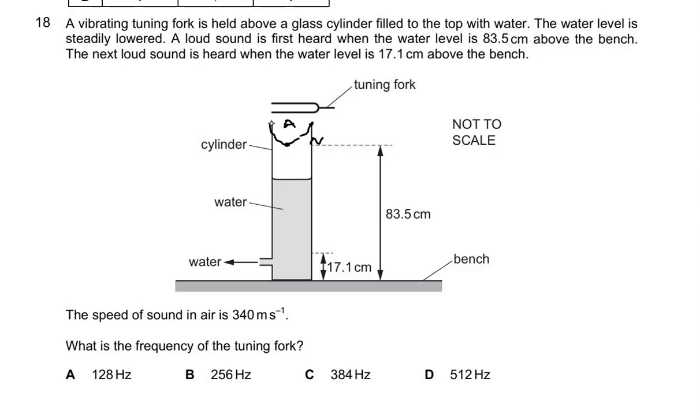The next loud sound is heard when the water level is here. So the water level decreases to 71, and then we can hear the next loud sound, and it creates another stationary wave, another loop. So we just connect it. This is a node. So we're connecting the line of the wave from node to node.